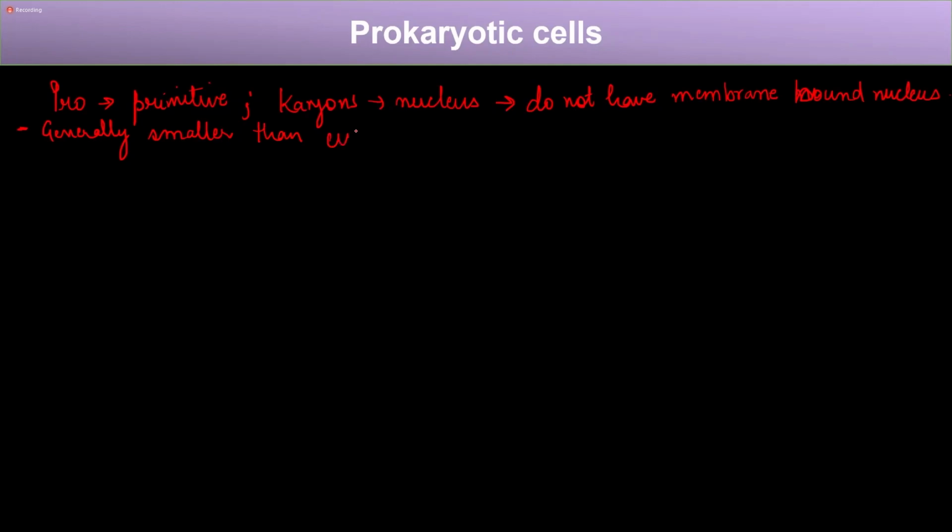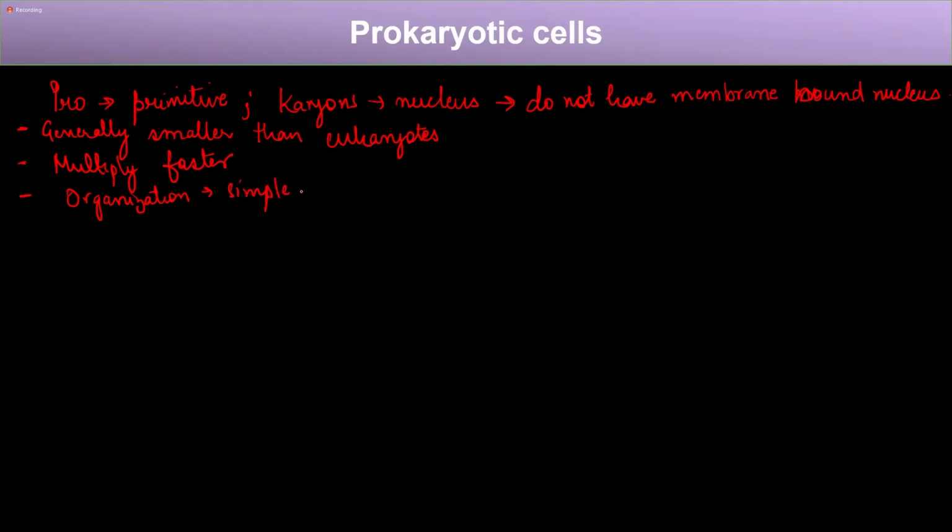That was in the range of 1 to 5 micrometer. Second, they exist mostly in unicellular form and multiply faster as compared to eukaryotes. And thirdly, if we talk about organization, the organization of these cells is simple because they are mostly unicellular.